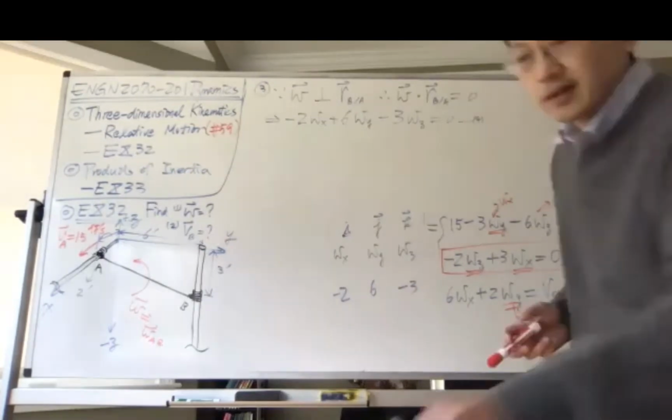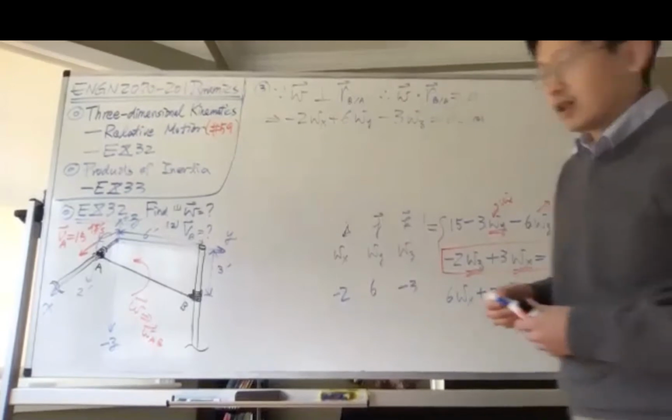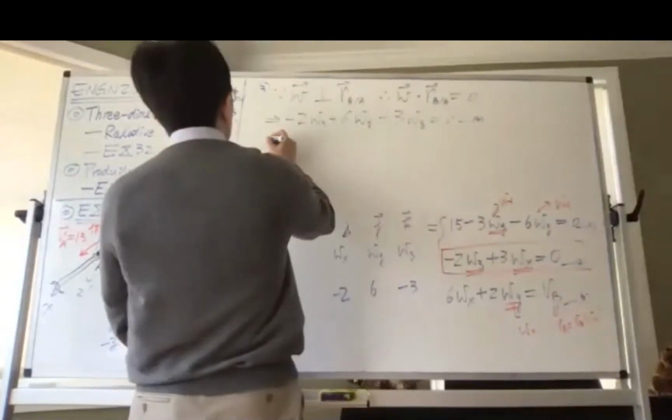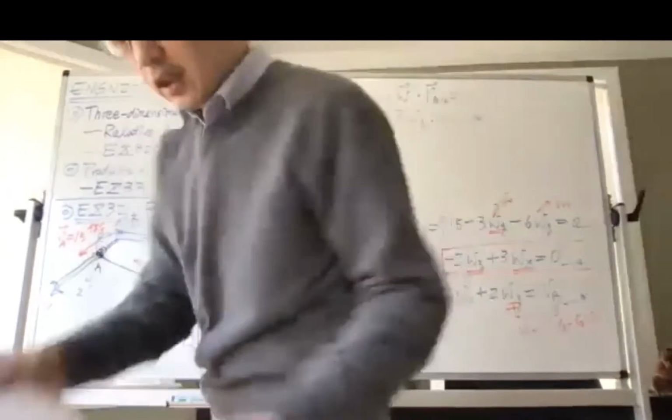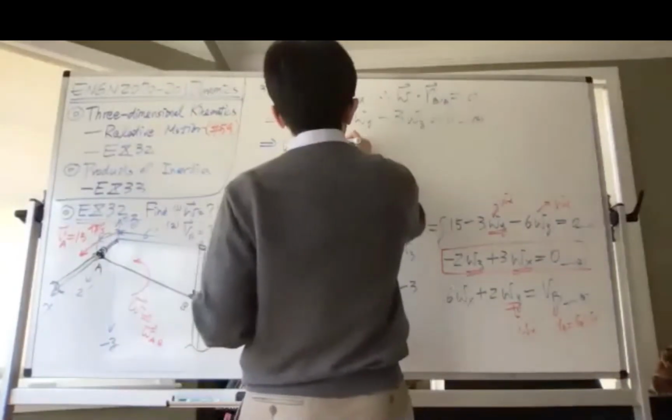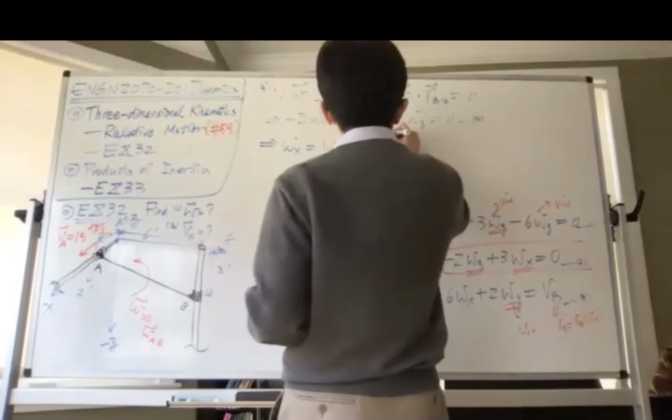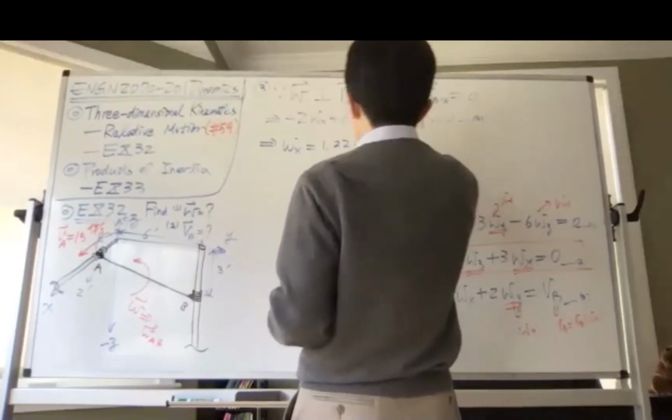So in the end, I will give the values. In the end, omega x is found to be 1.2245 radians per second.